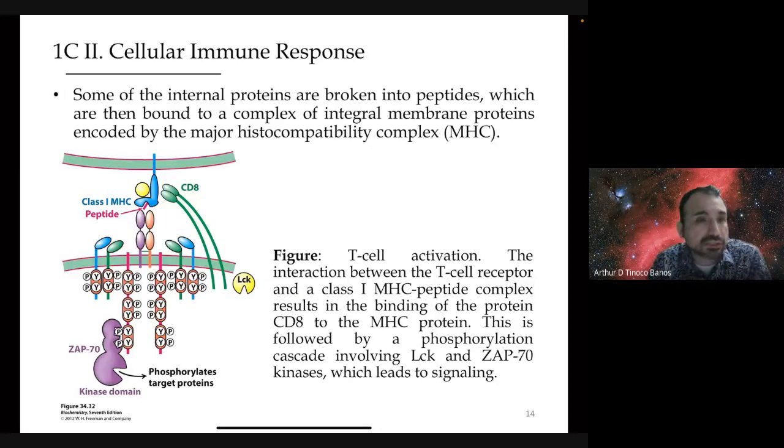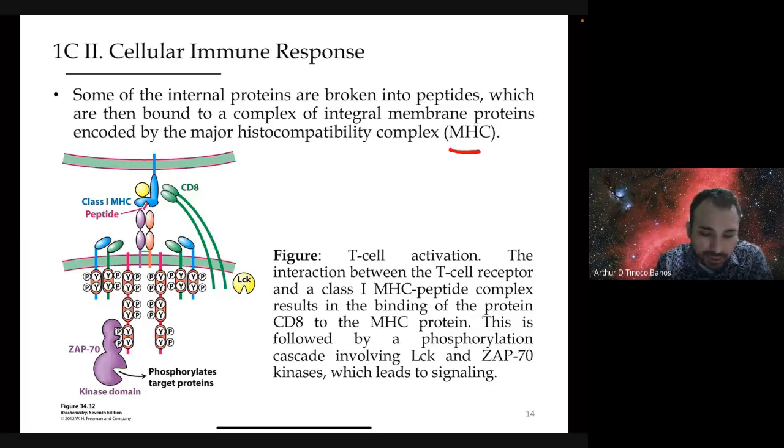So here we have just a representation of this recognition. Some of the internal proteins are broken into peptides, which are then bound to a complex of integral membrane proteins encoded by the major histocompatibility complex, abbreviated as MHC. And here we have a figure that gives us a perspective of this recognition.